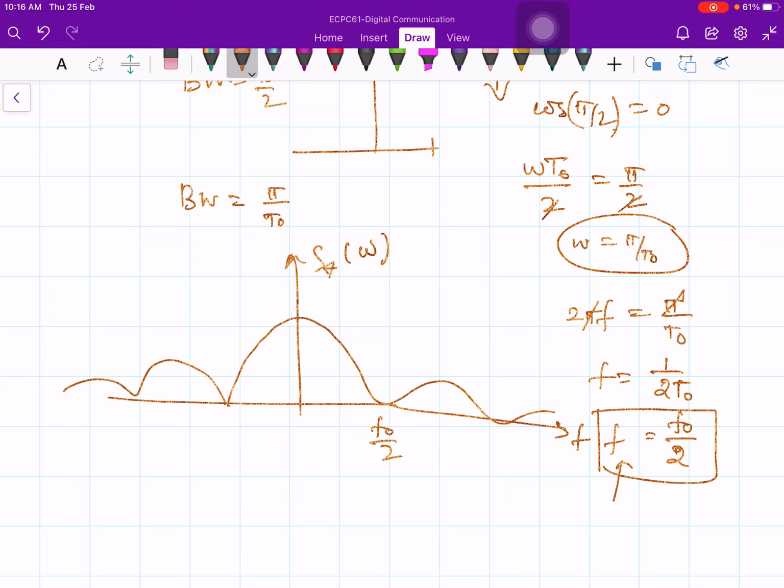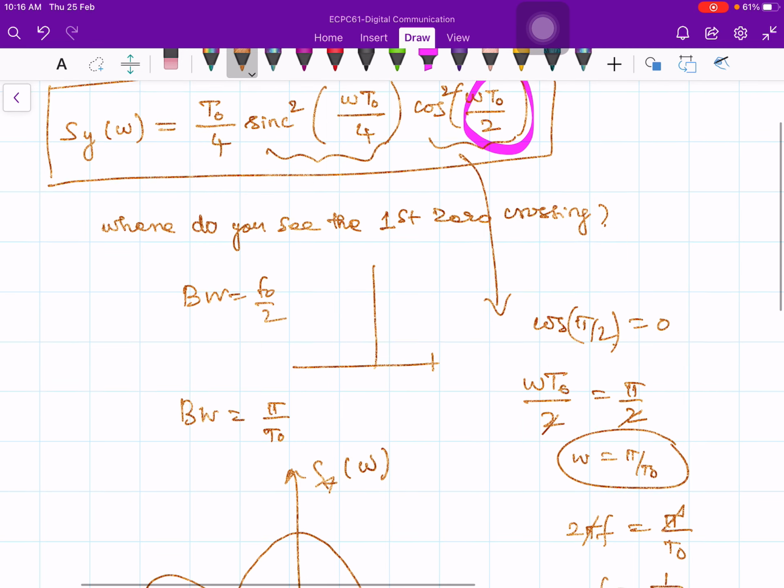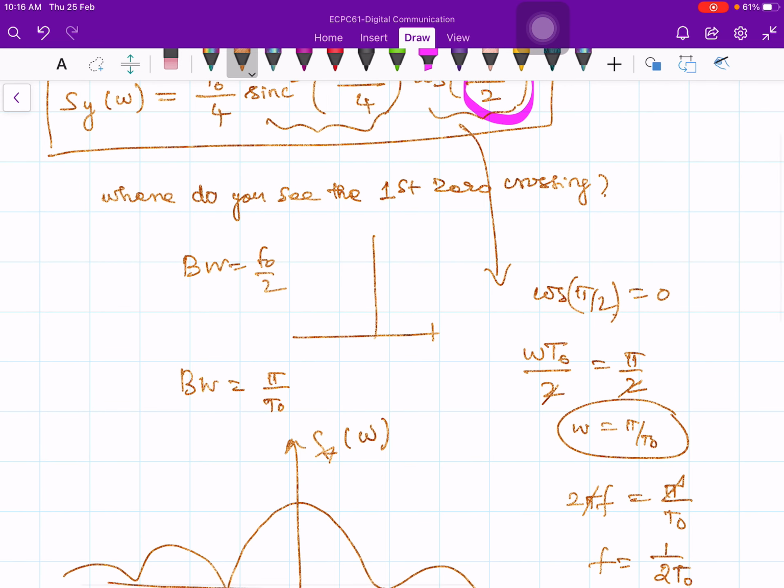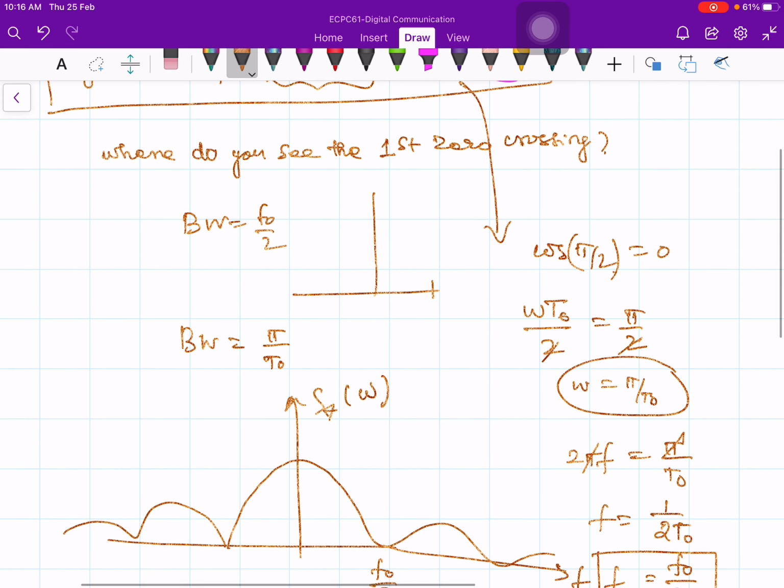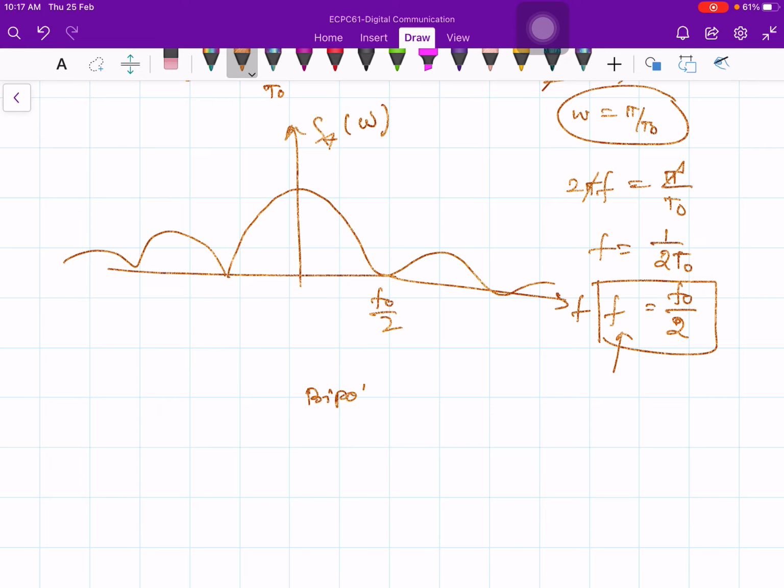Therefore in the last class we discussed up to this point, and the thing that we learned is that the bandwidth of the duobinary scheme is half that of bipolar, right? We said for bipolar the bandwidth is equal to f0.